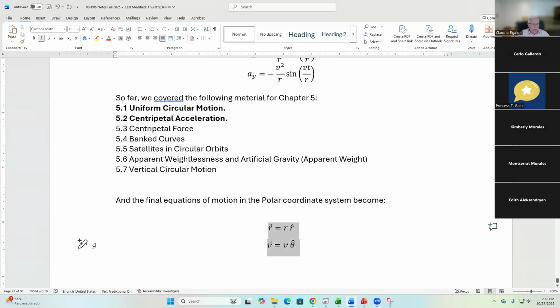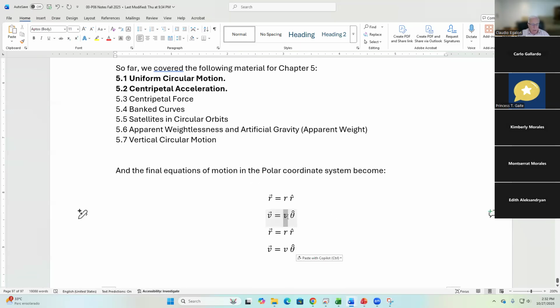And don't forget, this is known, right? And my final vector, the acceleration vector, is going to be v squared over r. And then we must have a negative here because this is the negative direction of the unit vector r, right?